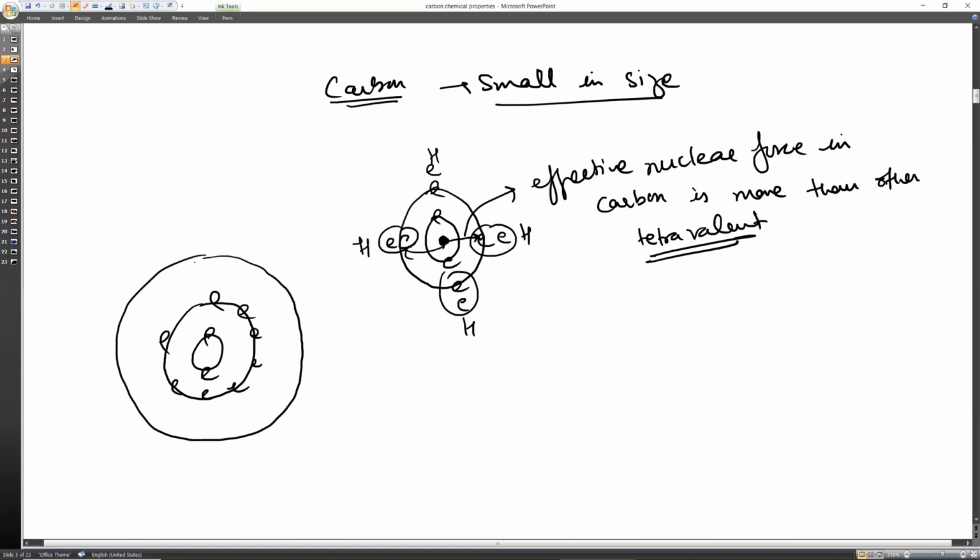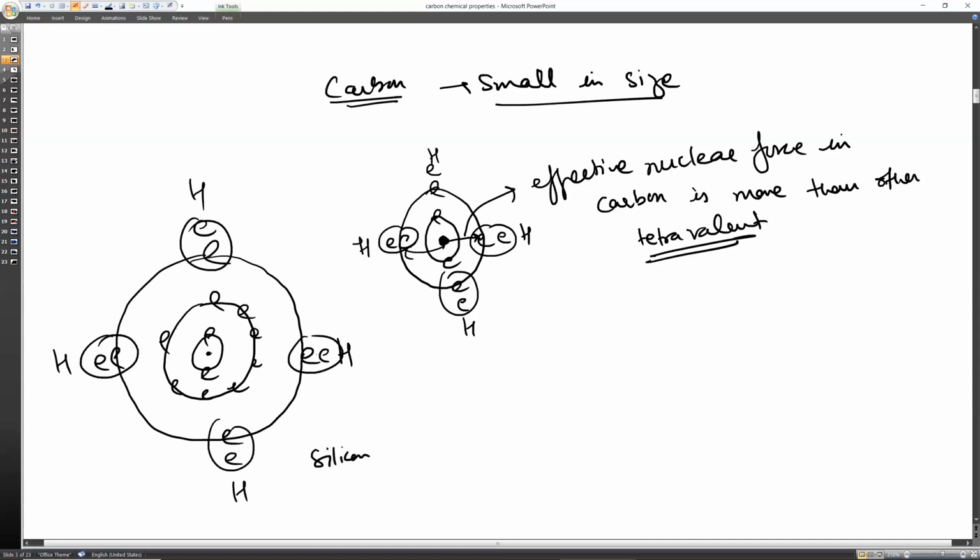Because of this extra shell, the size of the atom increases. Because of this increase in size, when this silicon atom is bonding with the bonded pair of electrons, the effective nuclear force will be less.